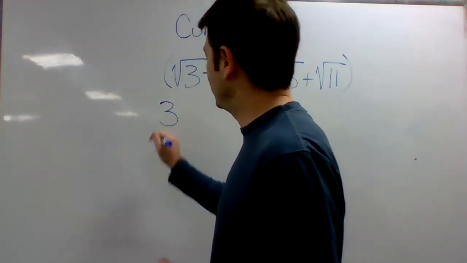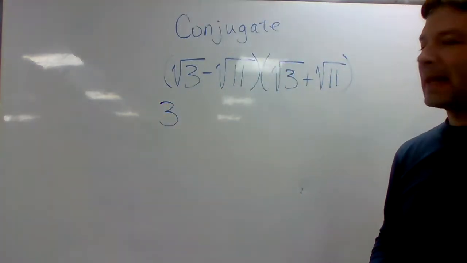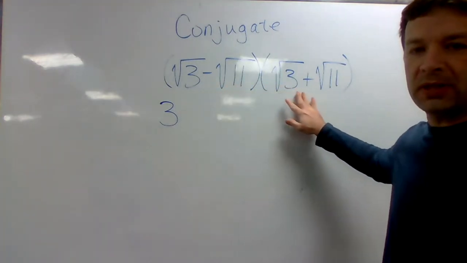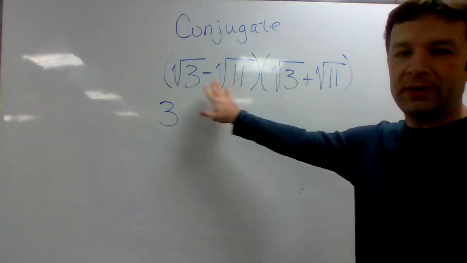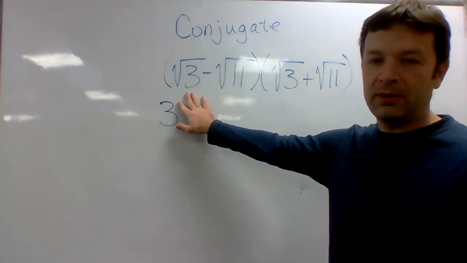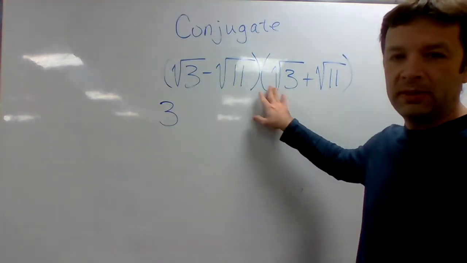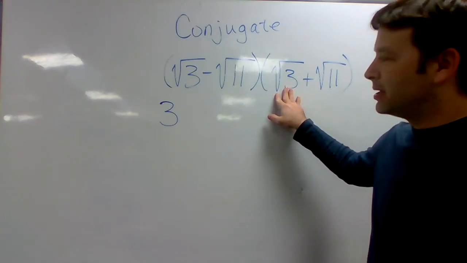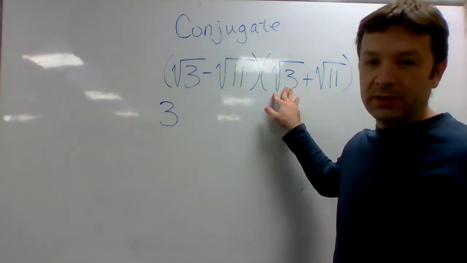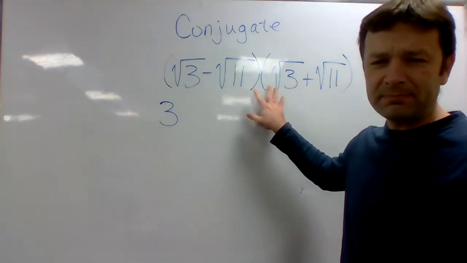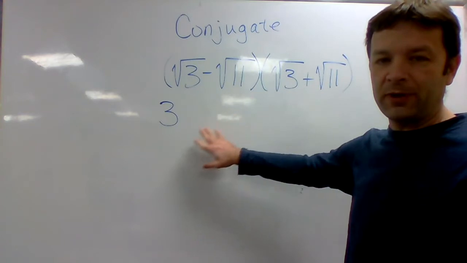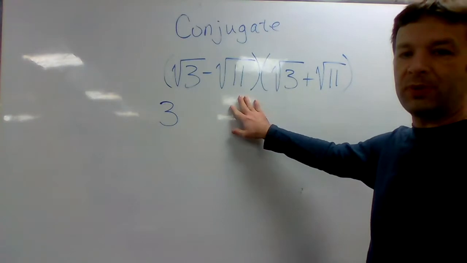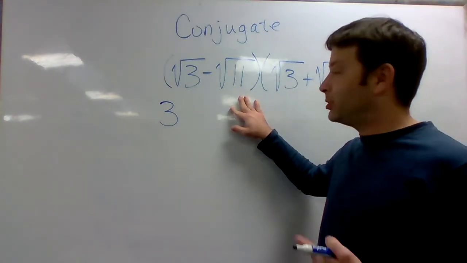So I'm just going to put a 3 there. Outside and inside. I'm going to cheat a little bit on this one. Since I know these are conjugates, I know my outside, square root of 11 times square root of 3, square root of 33, and my inside, negative square root of 33. Those are going to cancel out every time on conjugates. Not all of these problems are conjugates, so we're going to actually have to do that later, but these are. So really all I need is my first, which is 3. And then my last, square root of 11 times square root of 11, square root of 121, which is 11.